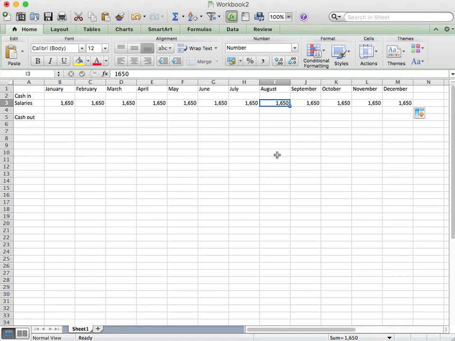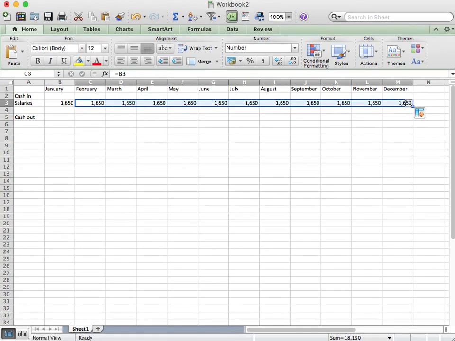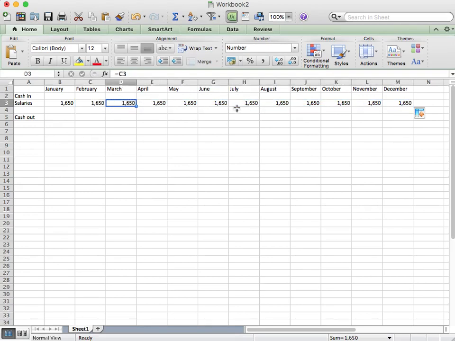In August, it's 1,650, but now I want to increase that. So I'm going to change the way I've done this for reasons which will become clear in a minute. But what I want to say is February equals the amount in January, and copy that cell across. Right, now every month is the previous month's salary.